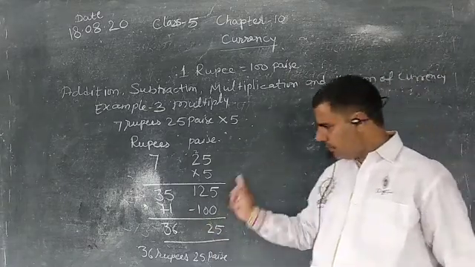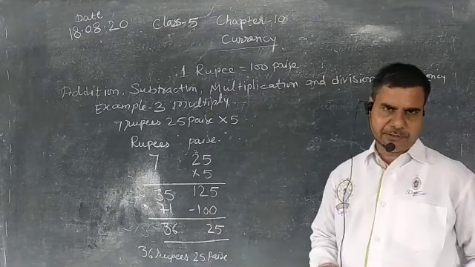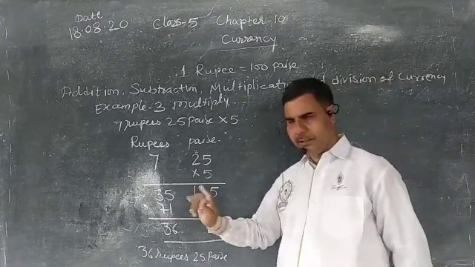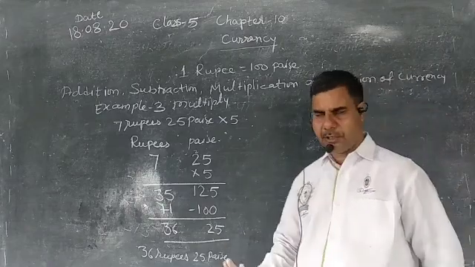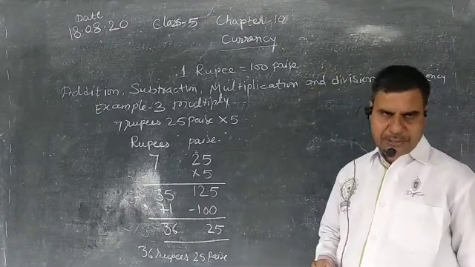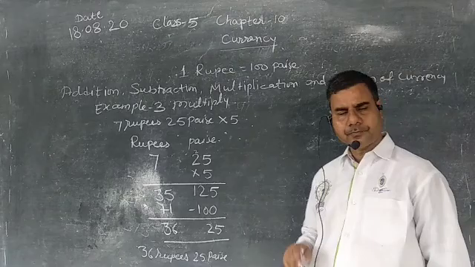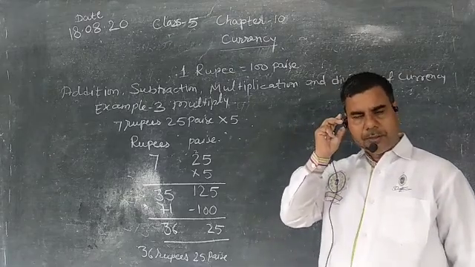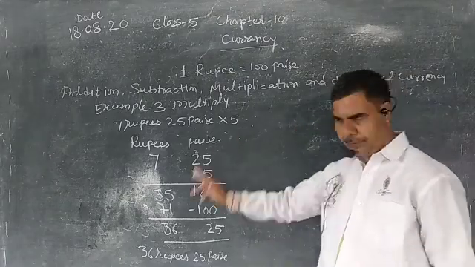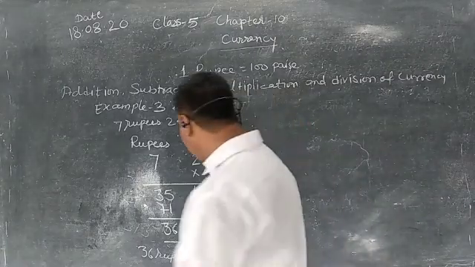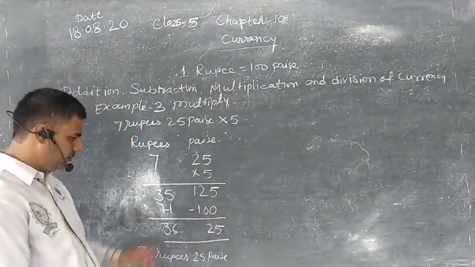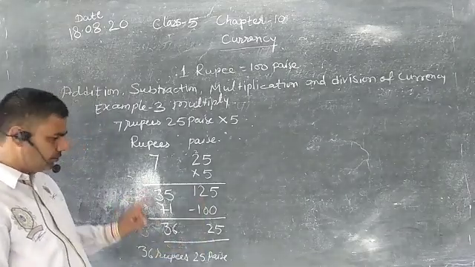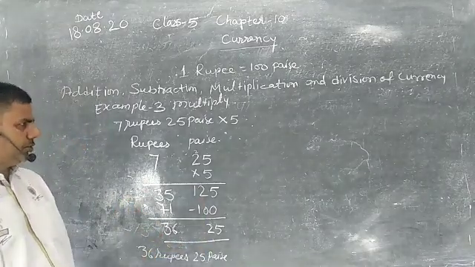If we subtract 100, then we add 1 in the rupees column, and if we subtract 200, then we will add 2 rupees in the rupees column. Okay, right. Then our new answer is 25 paise and 36 rupees.